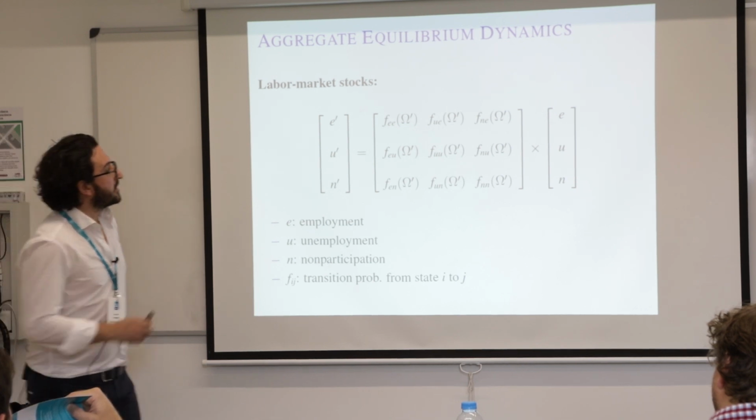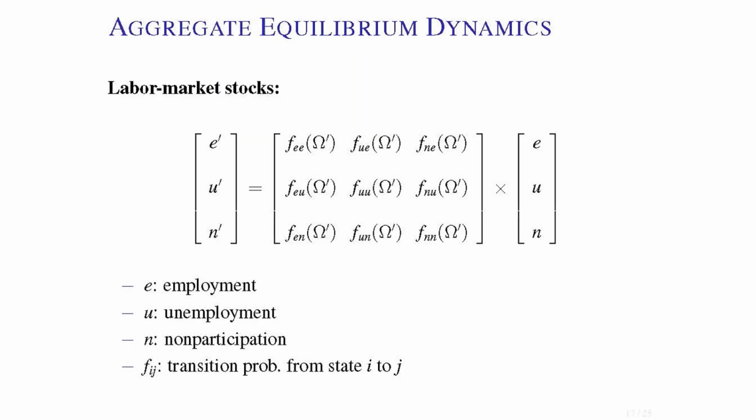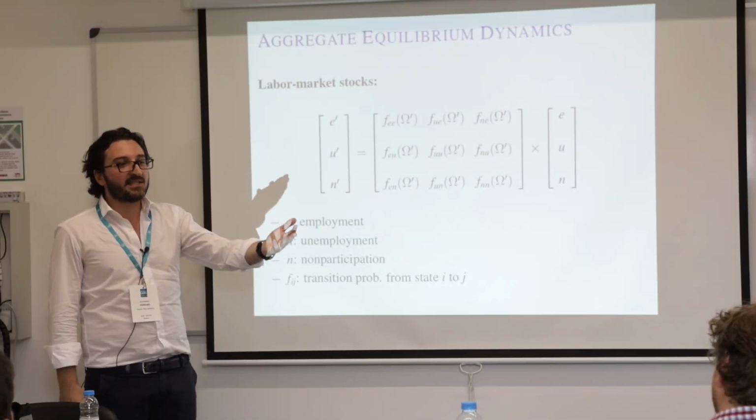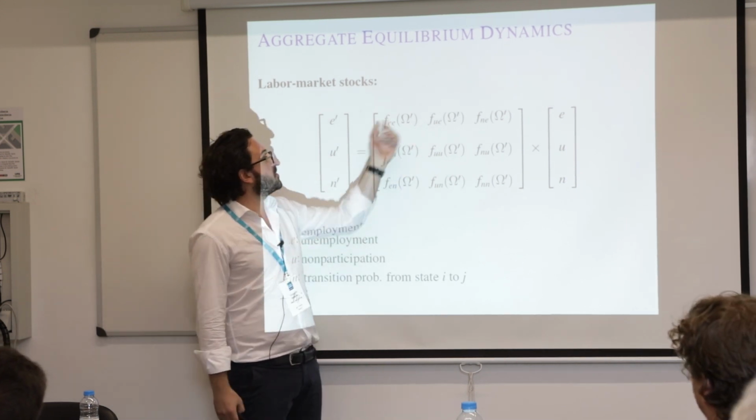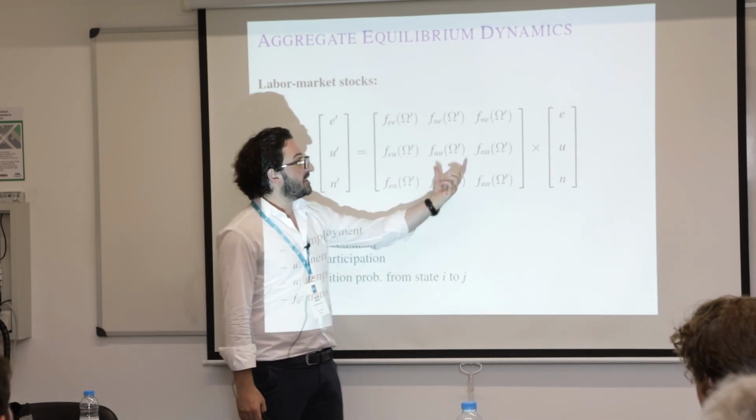Now, a nice property of the model, as Victor was alluding to, is that the model keeps this block recursive structure, in the sense that you can determine the decision rule at tightness independently of the labor market stocks. So that gives you all the transition probabilities in this matrix.